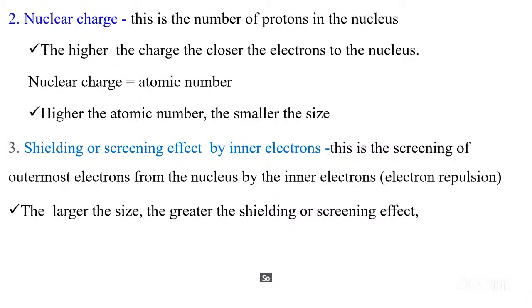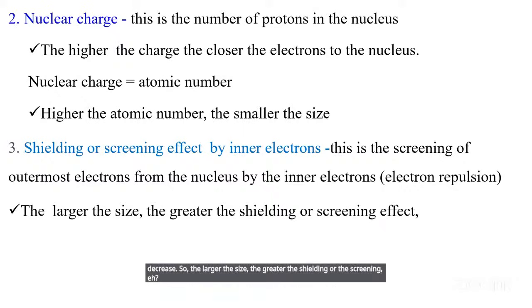So what it means is that if the size is large, of course, that means the shielding effect is large. And what happens to the atomic radius? The atomic radius will decrease. So the larger the size, the greater the shielding or the screening effect.